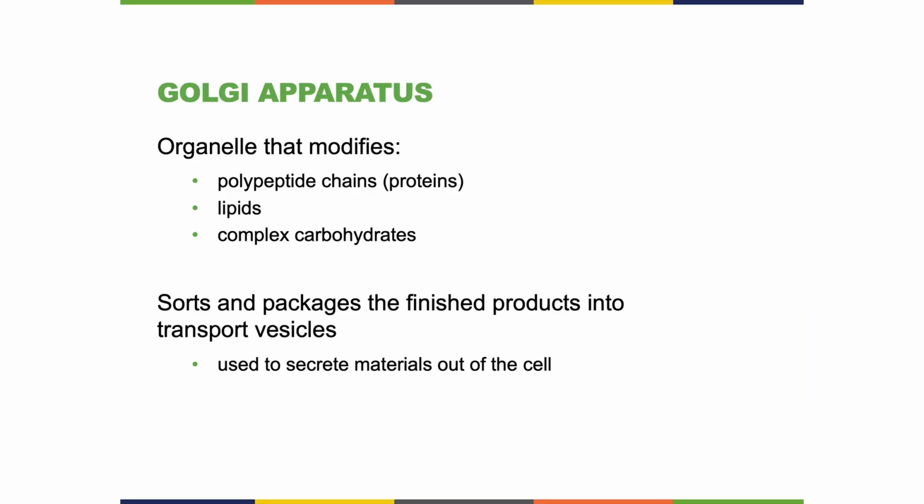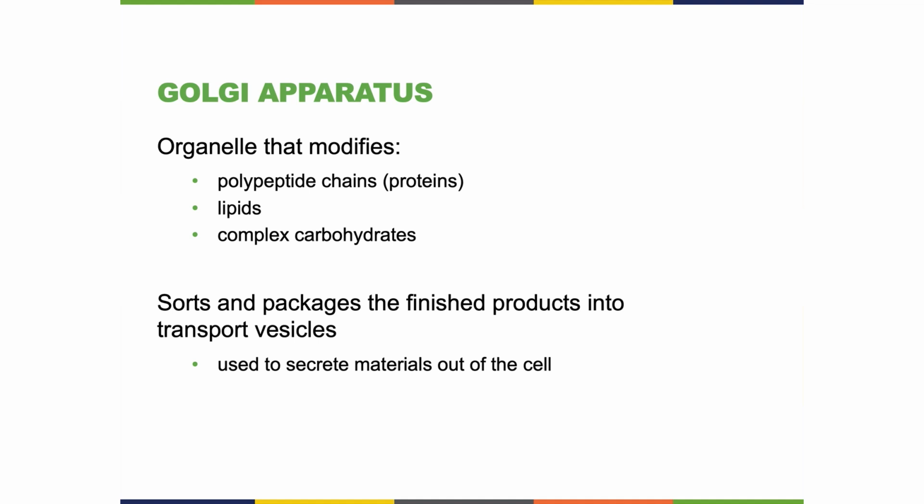And what happens is materials that are built in the rough and smooth ER are then packaged into pieces of the ER that pinch off as a vesicle. So you've got whatever was made inside of membrane from the ER that then drifts across, and the membrane fuses to the first cistern, which is what the discs are called, of the Golgi, and empties its contents to the inside.